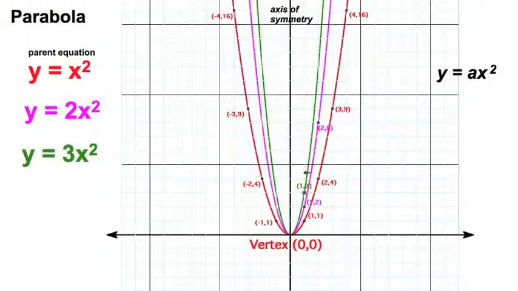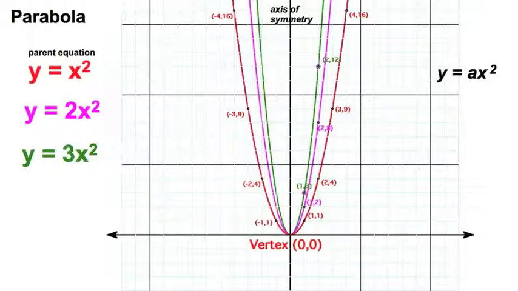And instead of (2, 8), well, 2 squared is 4. 4 times 3 is, of course, 12. So it's going to pass through (2, 12). So you start to get the idea. This graph starts to get steeper as this number, the coefficient, becomes greater.